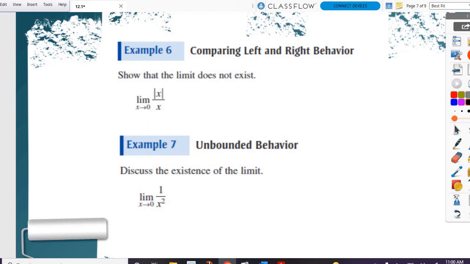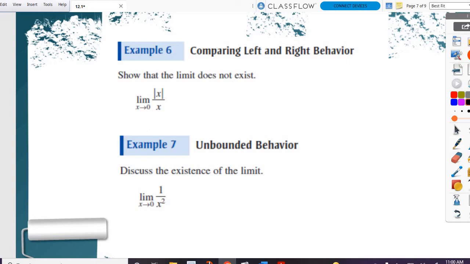Plugging in things to the right, I'm also getting positive, but I'm plugging in positive values. So we have to look at both cases, the positive x values and the negative x values.